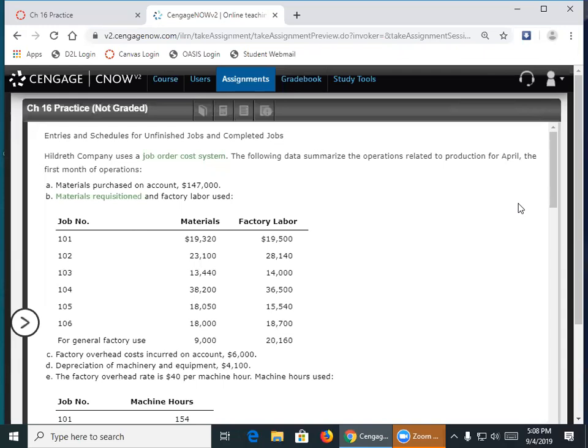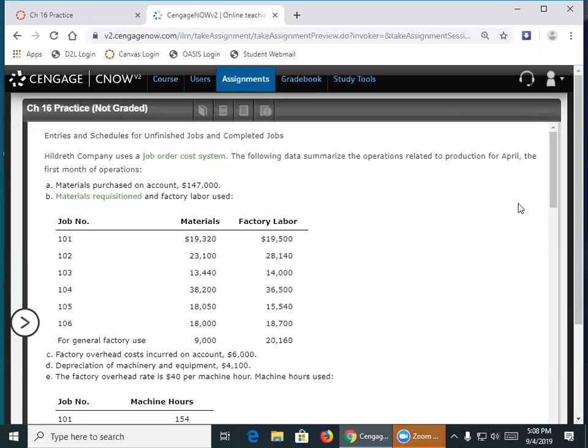So 152,540 will get credited to wages payable in the form of all labor. So we have our 2 credits. But now we know we have to separate out direct and indirect, right? Because they go different places.